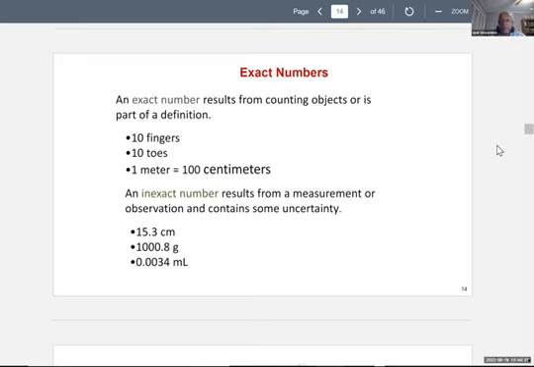Now I have to tell you about certain numbers which don't have significant figures. They're exact numbers. For example, if a number comes out of a definition, 1 dozen is equal to 12. 1 dozen eggs is equal to 12 eggs.